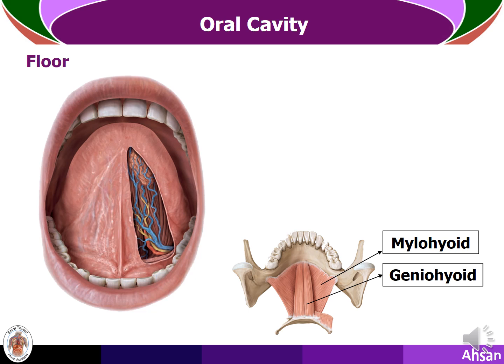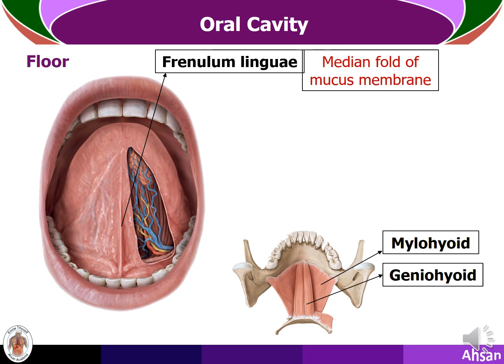The floor of the oral cavity has some features. If we see the undersurface of the tongue, we will find a median mucosal fold. This is the frenulum linguae. In the floor of the mouth we get a sublingual fold, and at the medial end of the sublingual fold there is a small papilla.